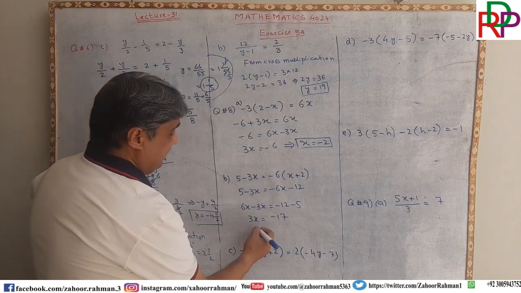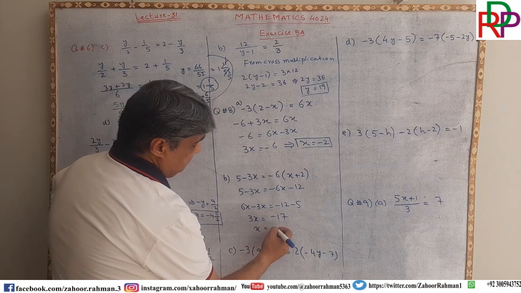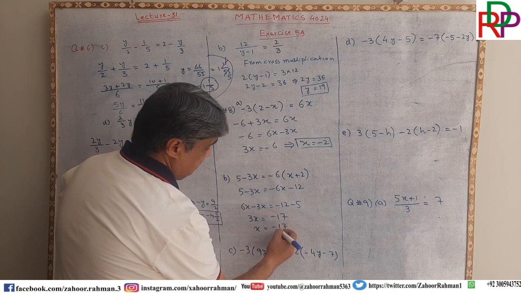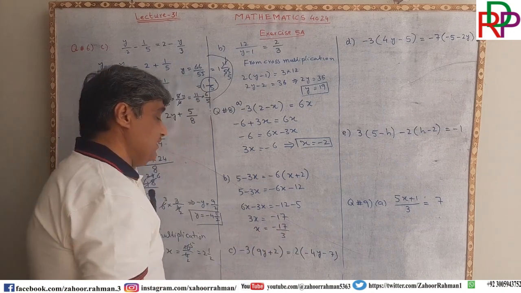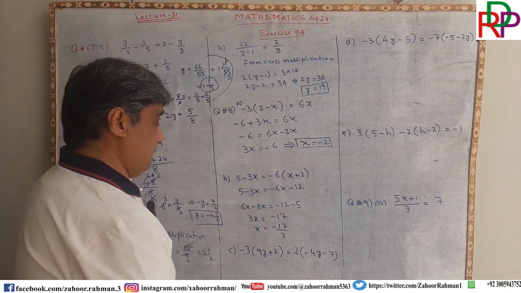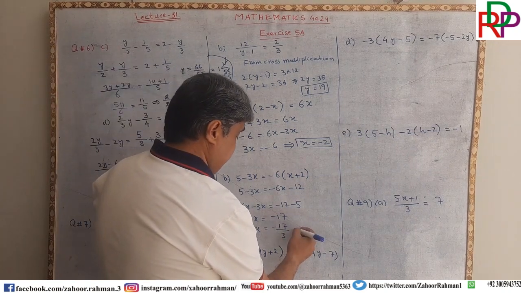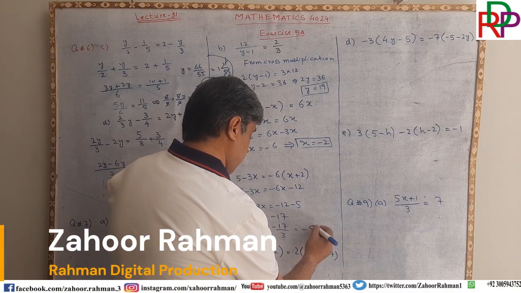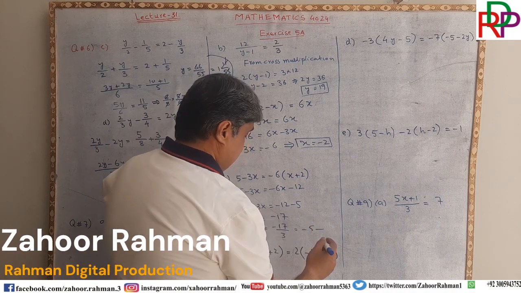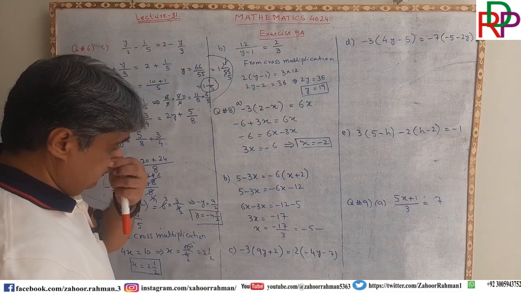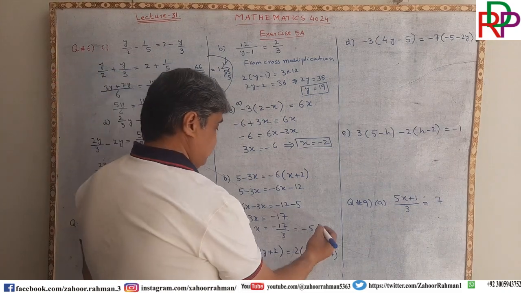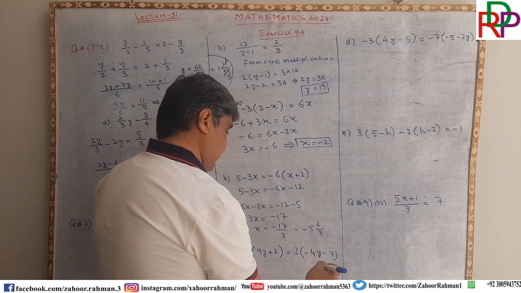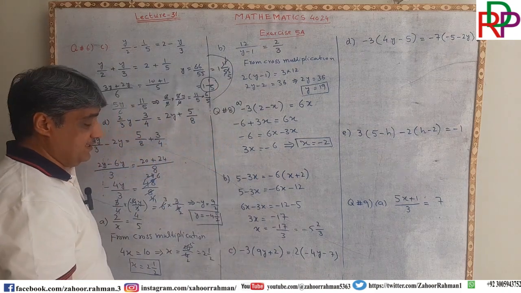And here I have to write x is equal to minus 17 divided by 3. So this will give you minus 5 whole 2 over 3, and that is the ultimate answer.